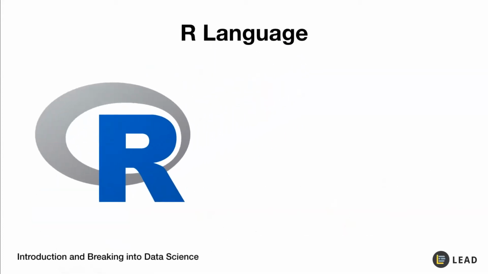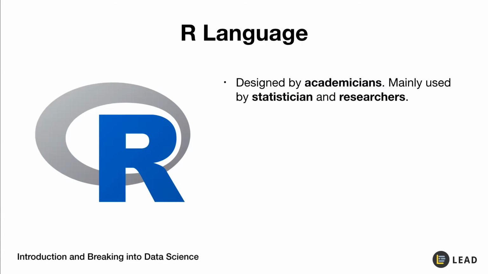Now, R is a programming language that is designed by academicians, therefore mainly used by statisticians and researchers, because many of the syntax and notations are based on statistics. So if you don't have any programming background, you find it very difficult to learn R at the beginning. The learning curve is quite steep.